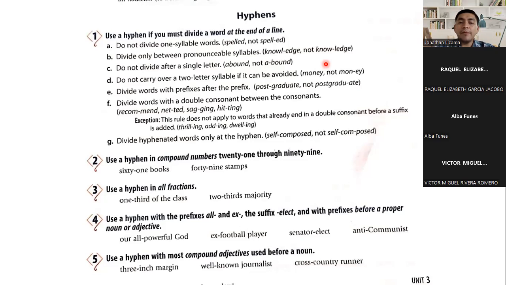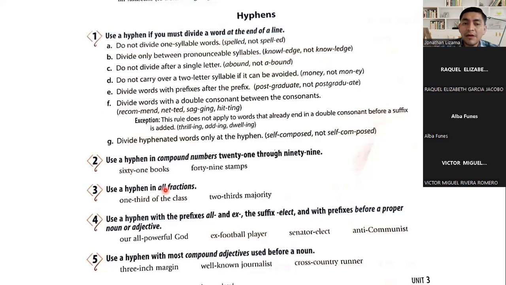Use a hyphen in compound numbers 21 through 99. Podemos hacer esto, miren, colocarle un guión cuando se tenga esto, 21, así. La regla dice del 21 al 99, pero siempre y cuando sea un adjetivo.